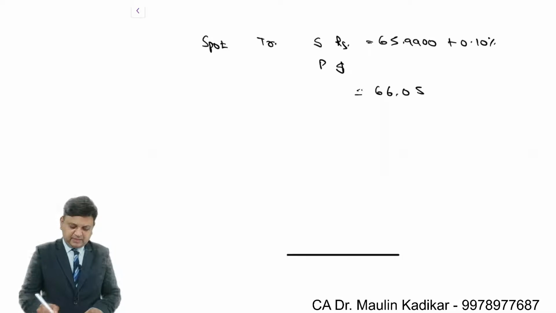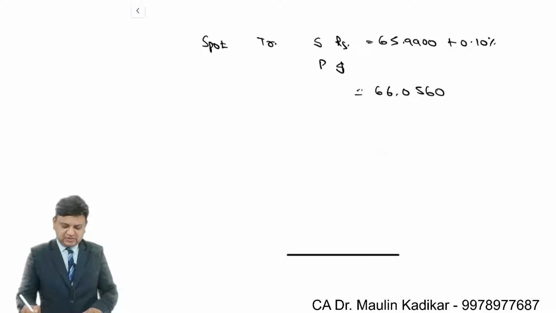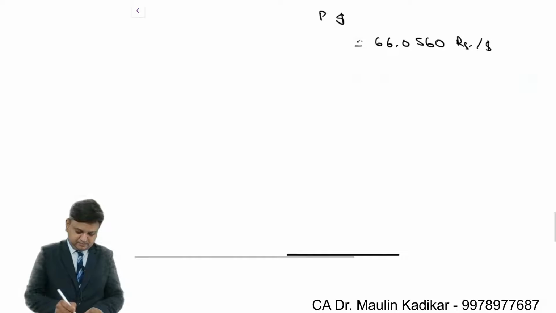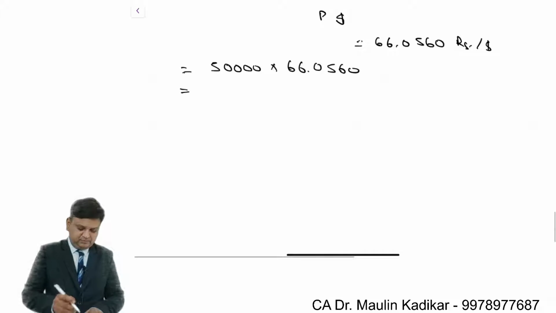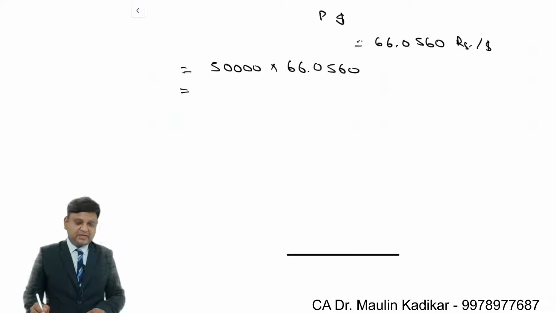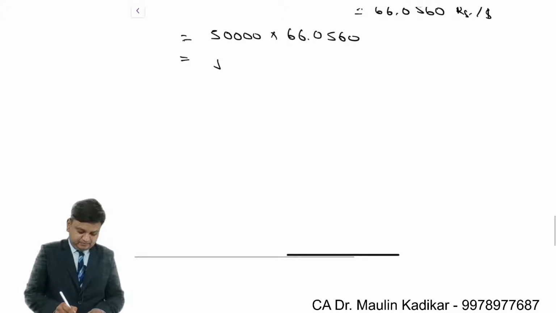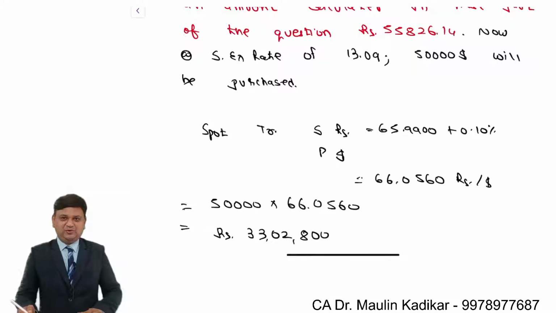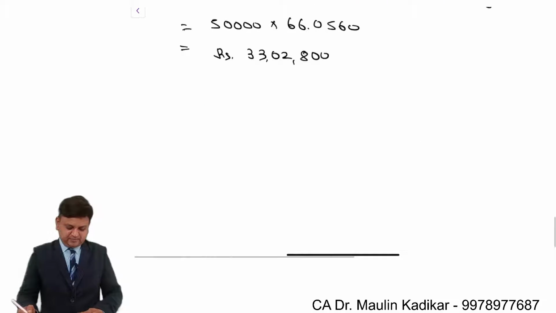So I'm making it 66.0560 rupees per dollar. So it is 50,000 into 66.0560. That comes to 33,02,800, I'm sorry. This is what he is required to pay. That is what this customer is required to pay.